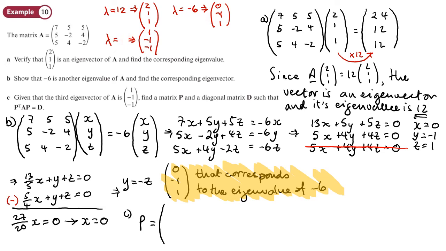So my unnormalized matrix for P is going to be, I'm going to put the eigenvector for 12 first. So this is what I'm expecting for D. So D should be 12, 0, 0, then 0, negative 6, 0. So I'm going to put this vector in the second column, 0, negative 1, 1.